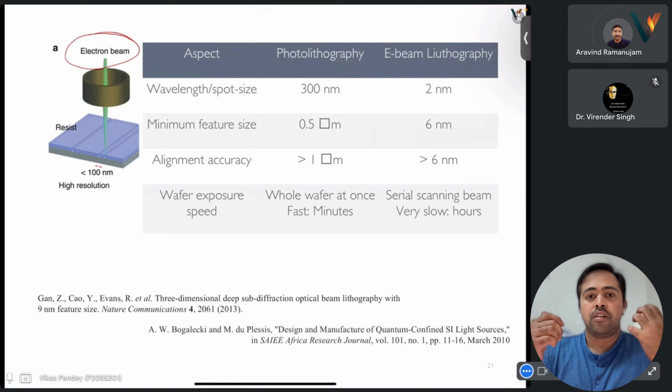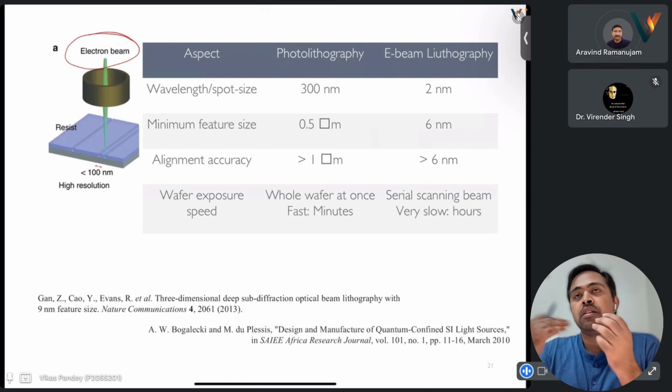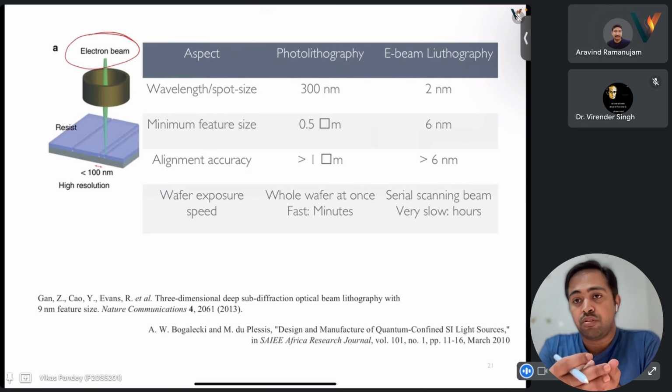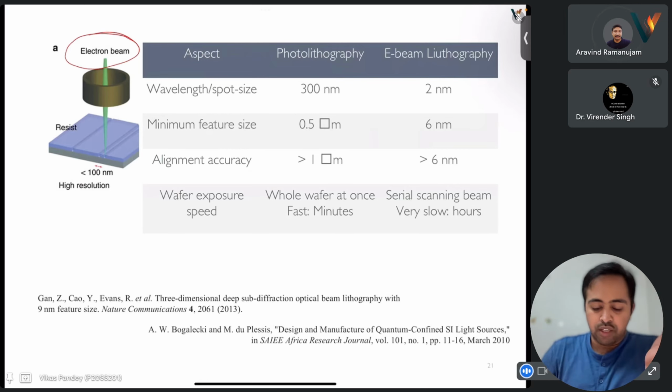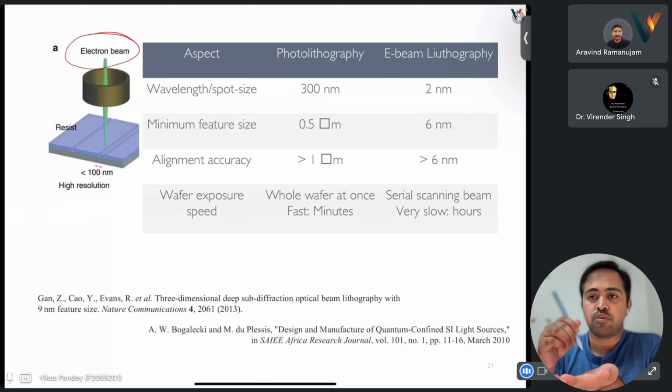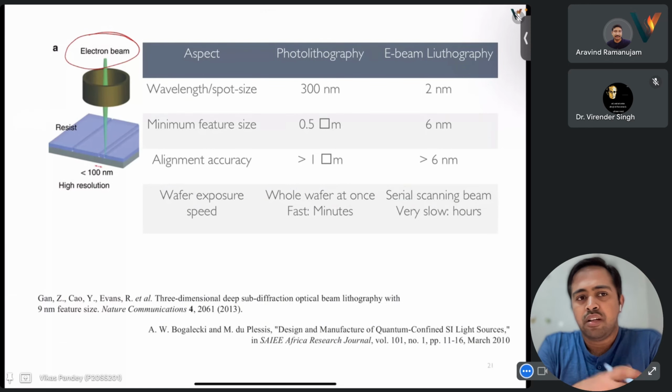Instead of a mask, software patterns are used. It is fed in software and then it will raster line by line, where it has to hit and where it does not have to hit. Very similar to laser lithography.